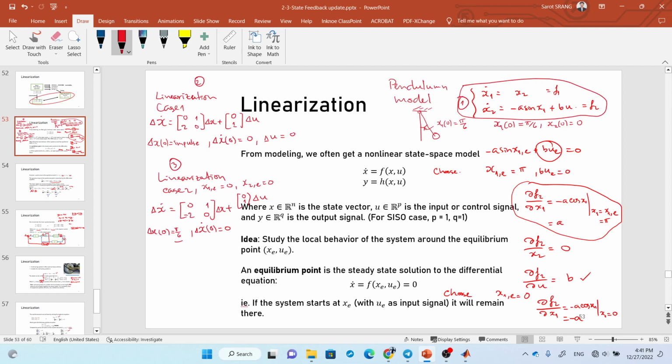When we simulate this one, we expect it to look similar to this one. But if we linearize around pi, around the unstable equilibrium, for this case we choose H1 equilibrium equal to pi and H2 equilibrium equal to 0.